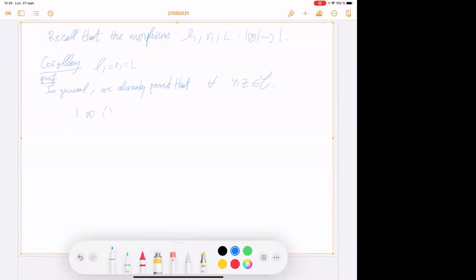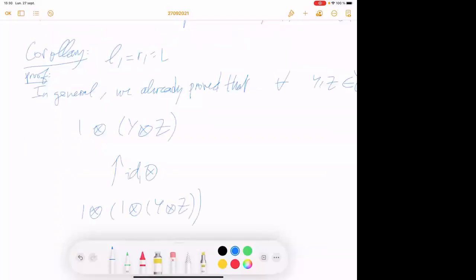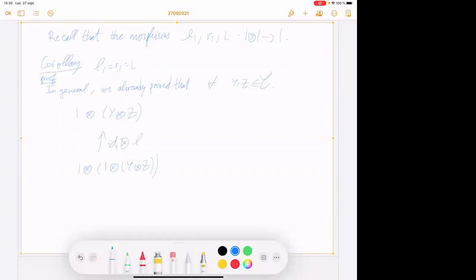Going from 1 tensor (Y tensor Z) to Y tensor Z, we apply first the identity of 1, and then L of Y tensor Z. And then from 1 tensor Y tensor Z, we go to the other vertices.